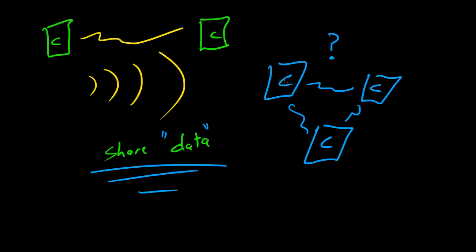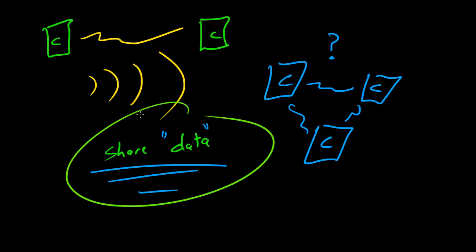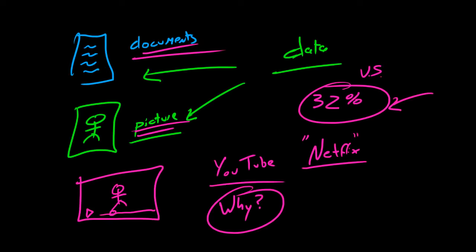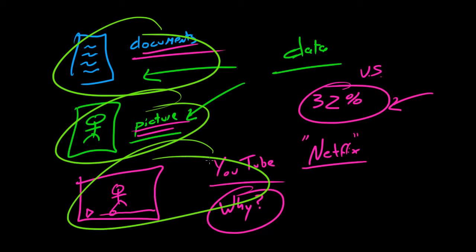Why would we want to connect a bunch of computers to each other? Well, for one reason, sharing data. And what exactly do we mean by data? Well, not only text documents or scholarly documents, but also pictures, video, and data is meaning a bunch of different things nowadays. So that's basically your very first introduction to computer networking.